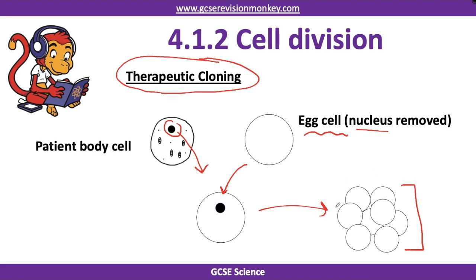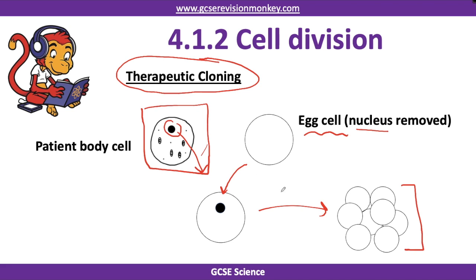So this is really interesting because obviously if we let this embryo continue to divide, if we were to implant this inside a woman, it could develop a clone of this human here whose DNA we have removed. So it's really important that that doesn't happen. Otherwise we'll be cloning humans, and that's completely unethical.